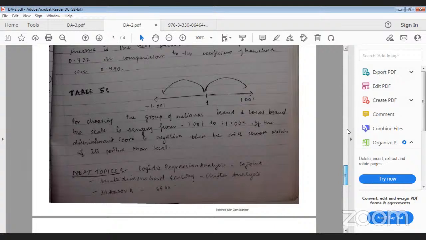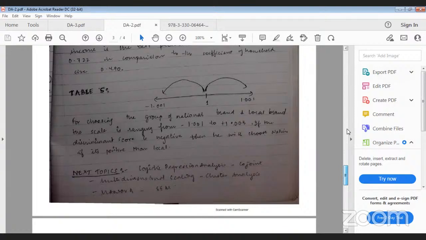You have to discriminate between these two with 1. If the value of y is more than 1, then it is a local brand. If it is less than 1, then it will be a national brand.